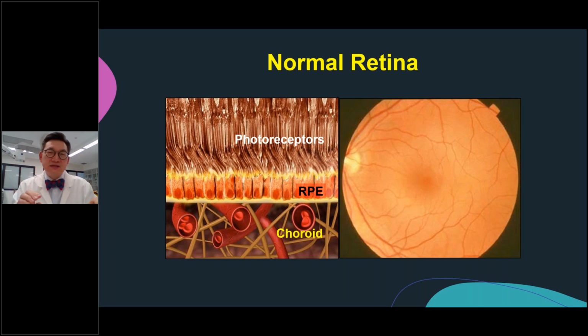And as it wears thin, we call this atrophy, or shrinkage of the cells. So when the retinal pigment epithelium, or the RPE, starts to thin out, the photoreceptors which detect light also don't work well.